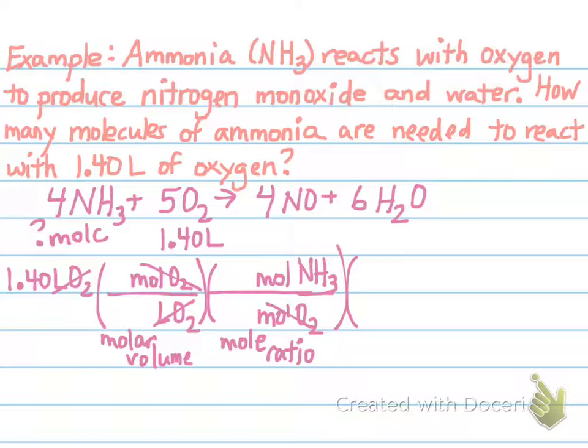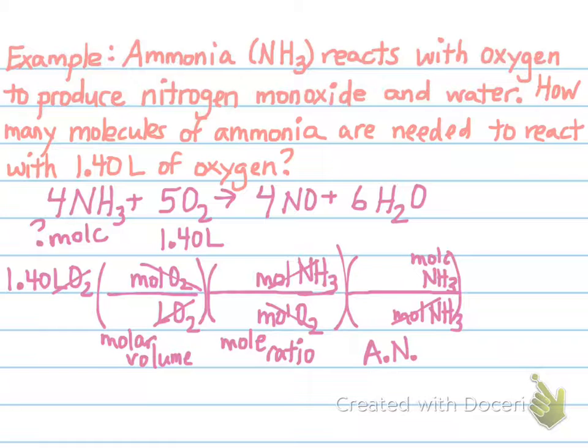I want molecules, so I have a tool on my toolkit that relates that. So moles of ammonia goes on the bottom, molecules of ammonia goes on the top. And this is my Avogadro's number, my count conversion factor.